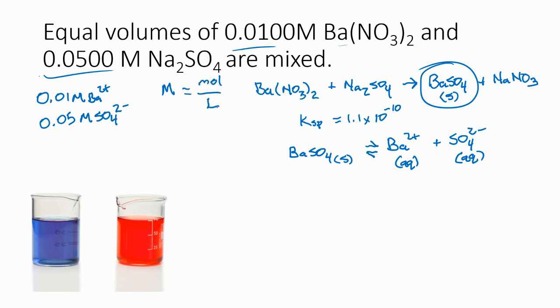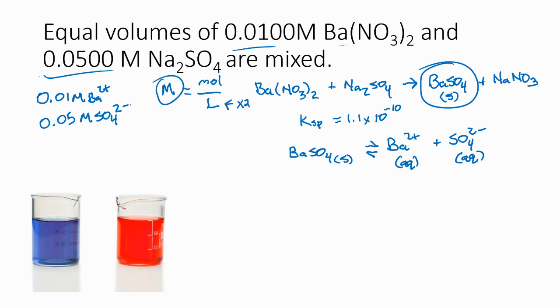What happens when I mix these two solutions together? I pour them into one another. Maybe I have 100 milliliters here and 100 milliliters here. And I put them together. Now I have 200 milliliters. I doubled my volume. So just this liters right here is times 2.